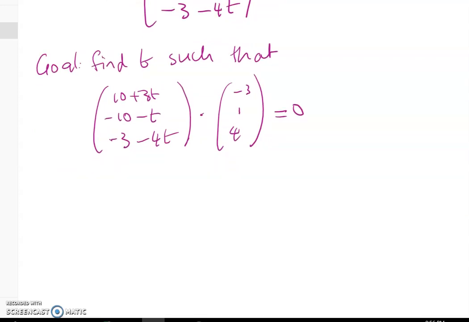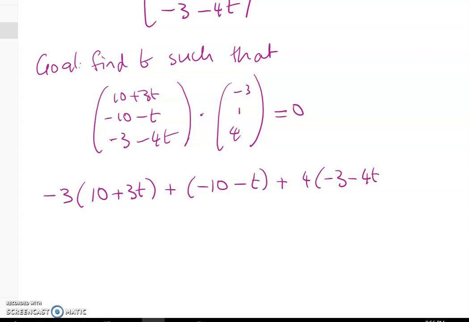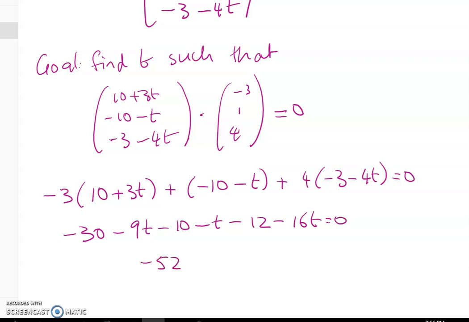Working through that algebra carefully gives me this. I've got negative 3 times 10 plus 3t, plus 1 times this, plus 4 times negative 3 minus 4t, and that equals 0. Now cleaning that up gets me this, which simplifies to negative 52 minus 26t equals 0.